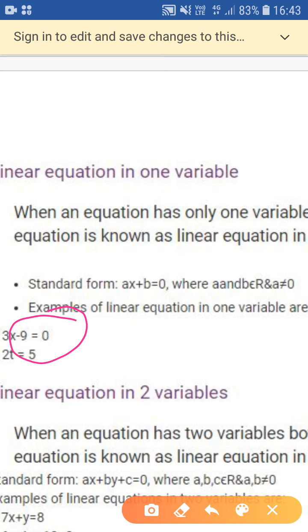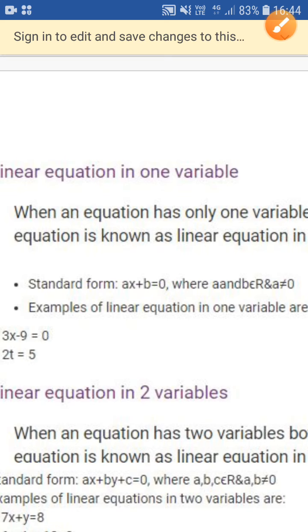Now moving on, we have to study linear equations in two variables, as we have discussed in some situations in our daily life that can be represented as linear equations in two variables. So how do we define it mathematically?